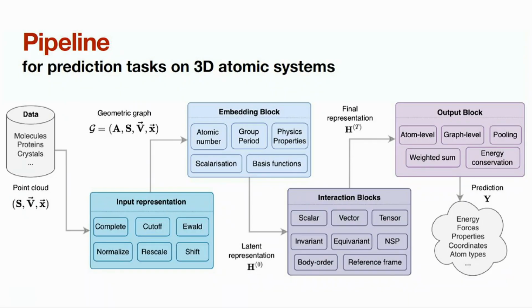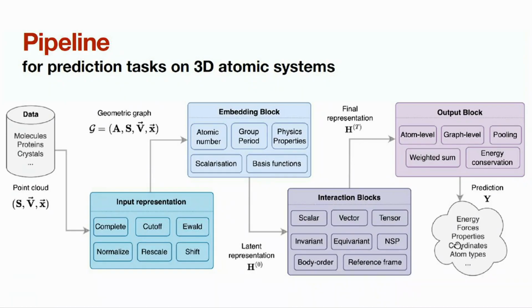Before and after the interaction blocks, we try to make sure that this latent representation has a certain correspondence with our input graph, so that the intermediate changes preserve the relationship between the input graph and these representations, in a way that keeps the invariance and equivariance. And finally, we have a transformation block that transforms the hidden representation into the final predictions, which are the actual properties we want to predict.